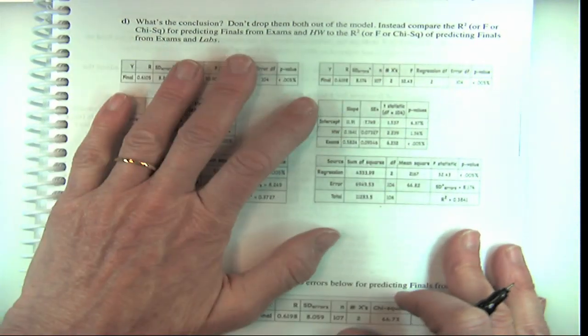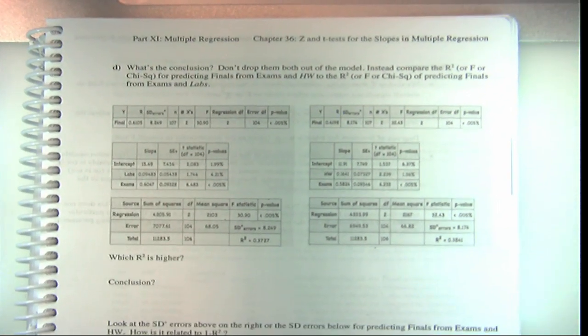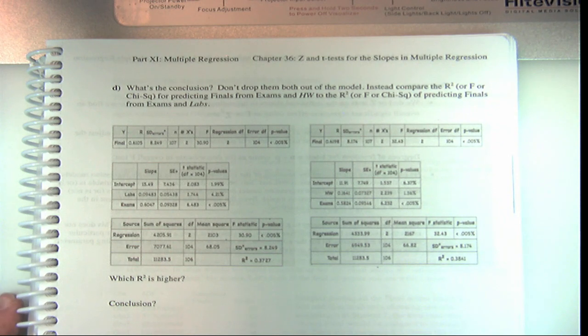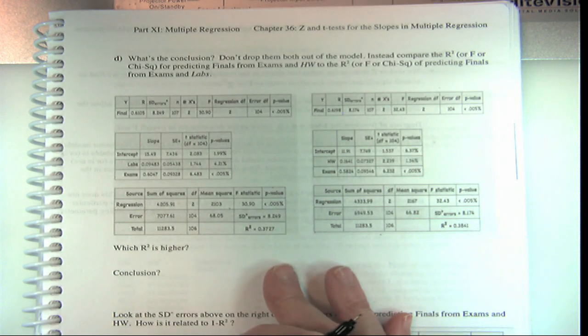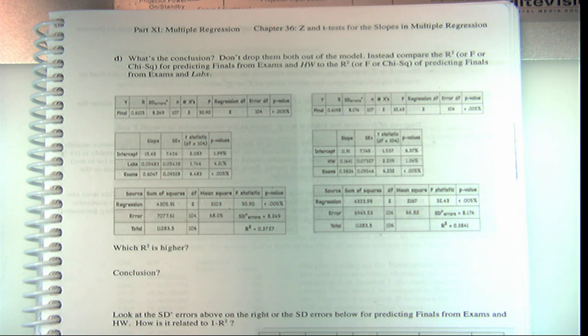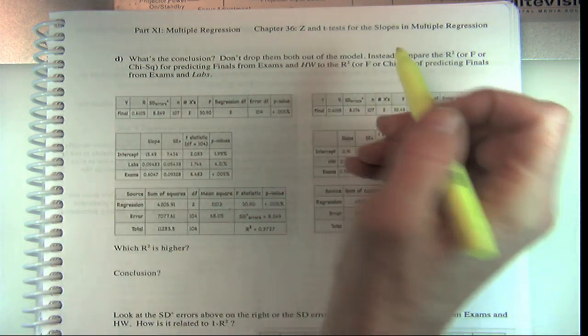All right, now what are we going to do? So what's the conclusion here? I know I'm spending a lot of time on this model building stuff, but you're going to see this a huge amount, and there are whole courses on how to choose the best model. So I just want to give you some pointers. So what should we do? We can't put both homework and labs in the model, so which one should we use? What's the conclusion? And don't drop them both out.